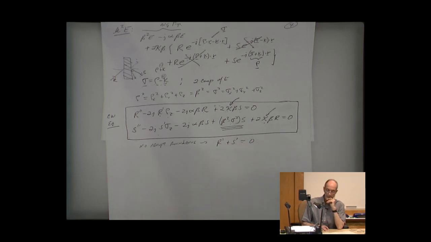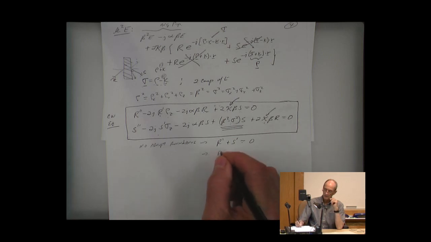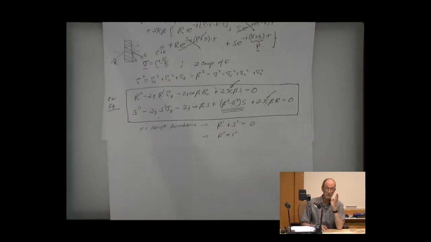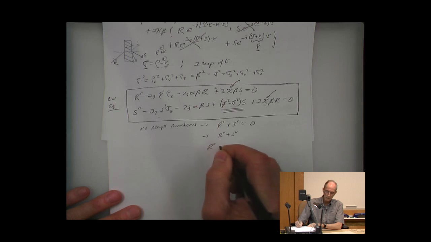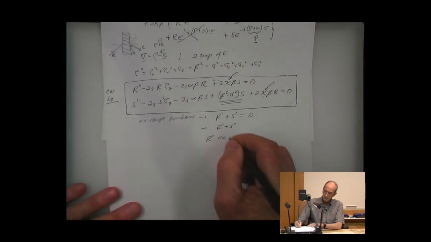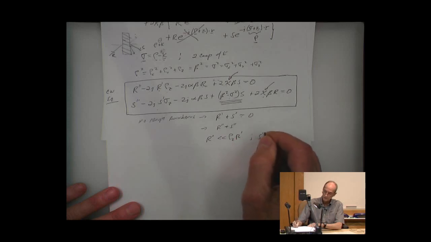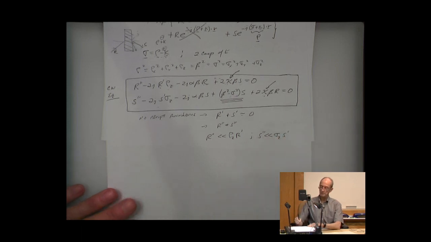They're not going to be 0 in our case, but if the first derivatives are small, in this physical sense, R double prime and S double prime are going to be even smaller. So R double prime is going to be much less than this rho sub z times R prime term, and similarly S double prime is much less than sigma sub z times S prime.